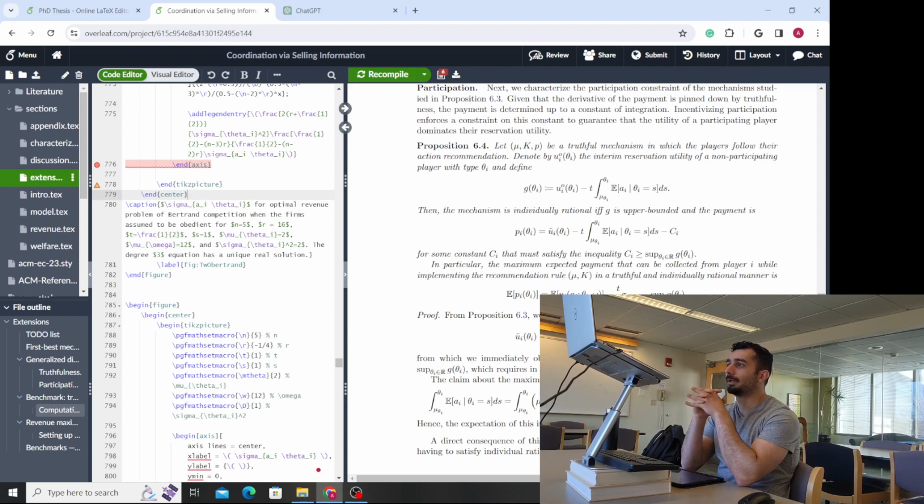Why should it be the case? We want ui minus pi minus ui0. And when we do the subtraction, we have the t integral of mu theta i to theta expected ds.